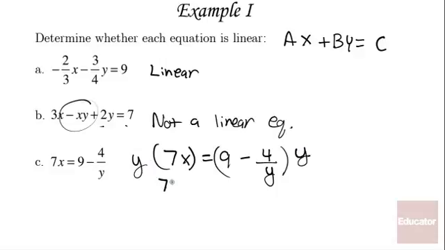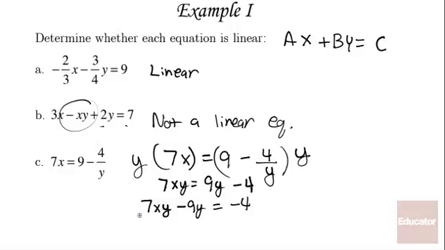That gives me 7xy equals 9y minus 4. Great, I got rid of the y in the denominator. To make this look more like standard form, I'm going to subtract 9y from both sides. So I have 7xy minus 9y equals negative 4.